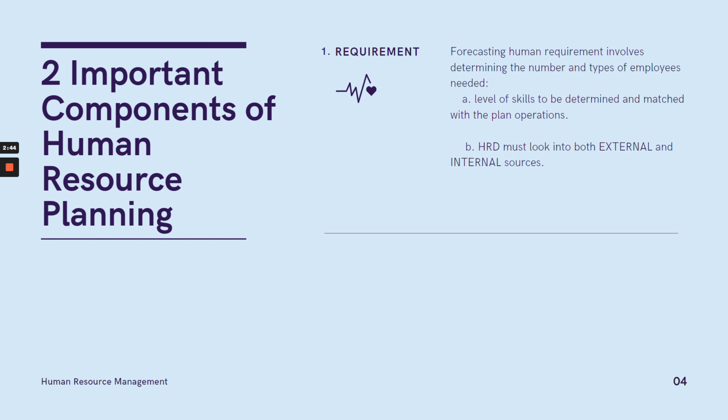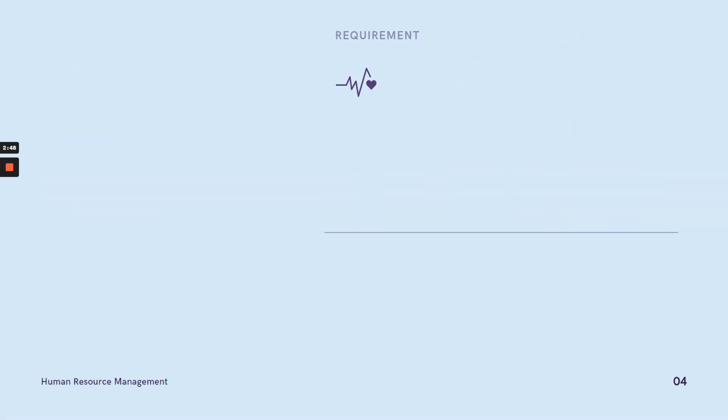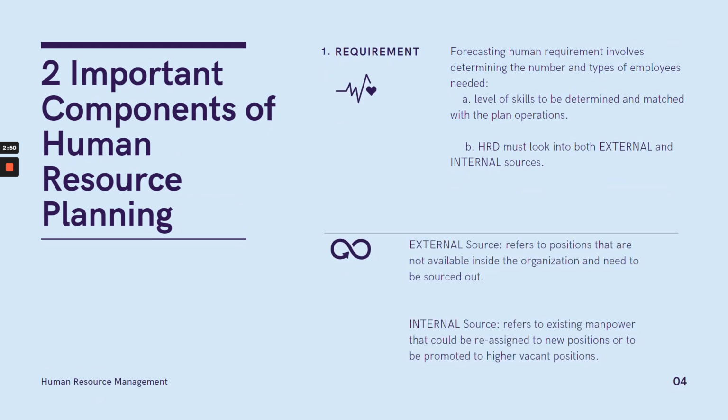As I've mentioned, we will discuss the internal and external sources. When we say internal source, it refers to the existing manpower that could be reassigned to new positions or promoted to higher vacant positions.